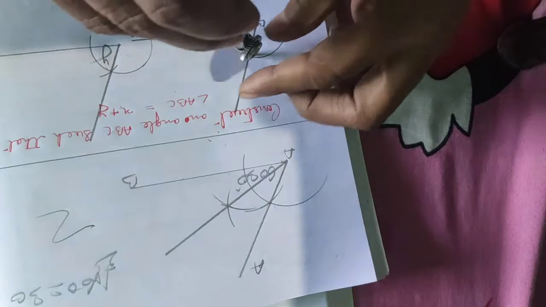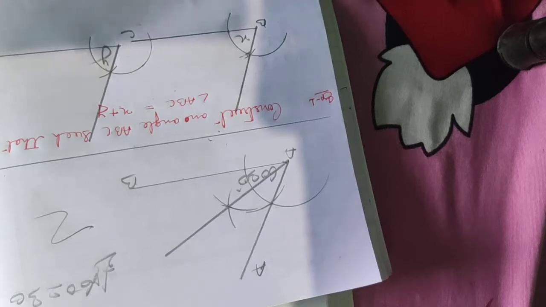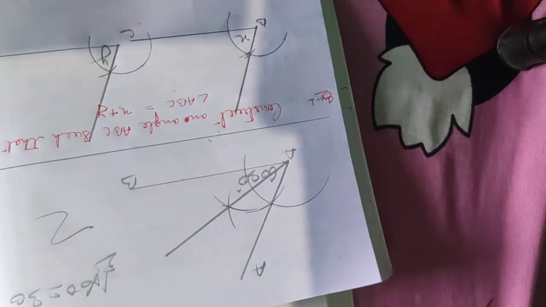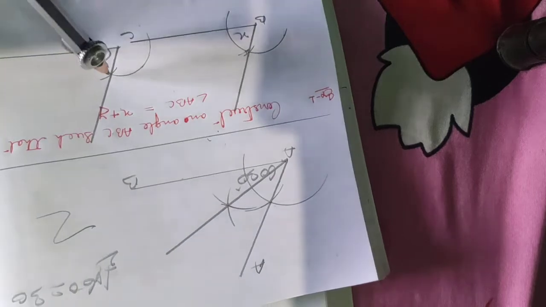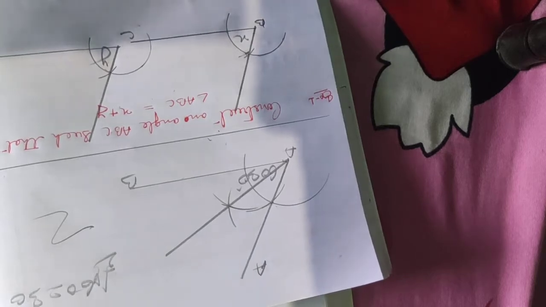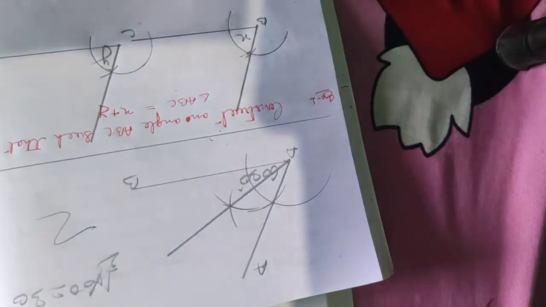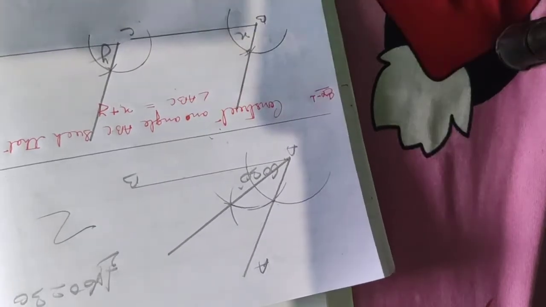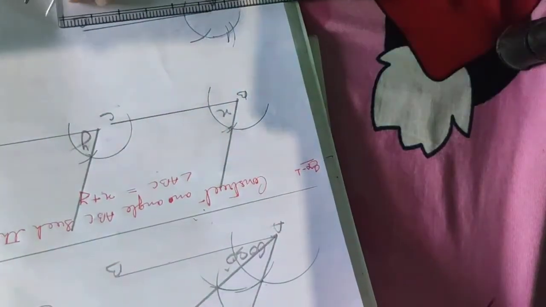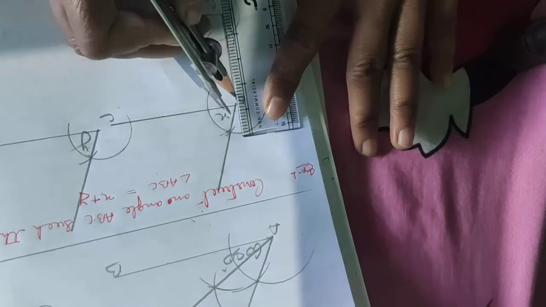Then draw an arc, measure first X, like this, measure X. Draw an arc first, then measure X, cut here X, then measure Y, where it will cut here, take a little bit smaller radius here, cut here. Now join this point to this point, okay.